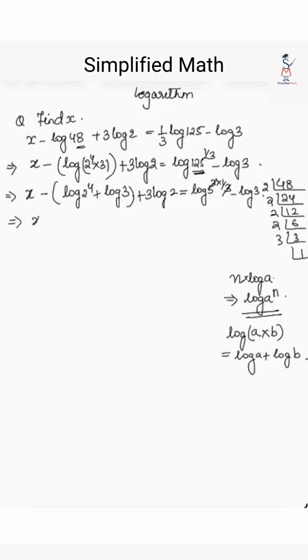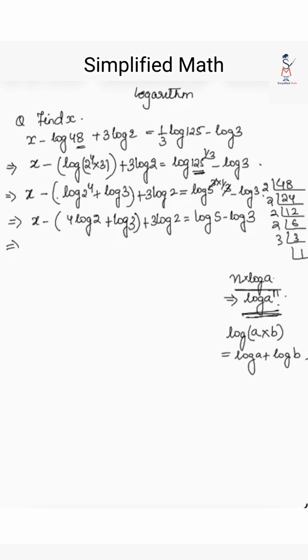So this becomes x minus 4 log 2. Again, this rule we will follow, that if it is log a raised to the power n, it becomes n log a. So 4 will come in front of log 2, plus 3 log 2, plus log 3, plus 3 log 2 is equal to log 5 minus log 3.